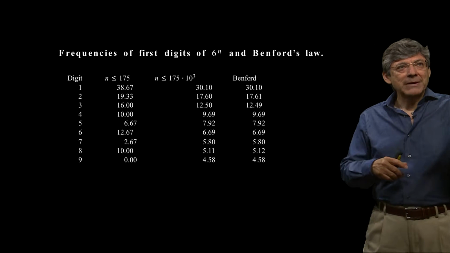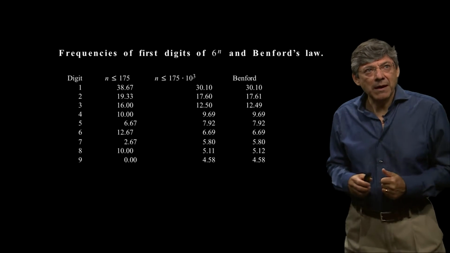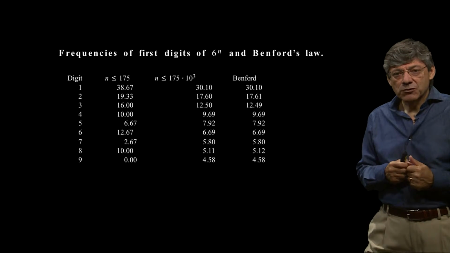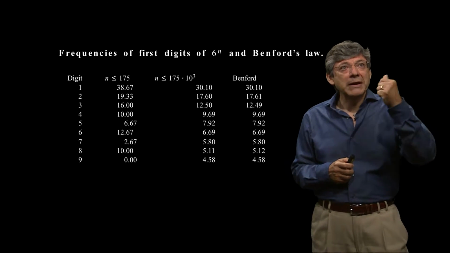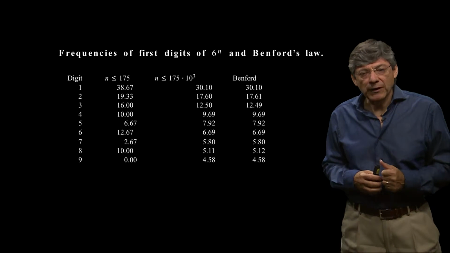If you take larger n's, say up to 175 times 10 to the third, you will see the frequencies that we were talking about. You see the frequency of 1 already at 30%, the frequency of 9 at 5.8%.